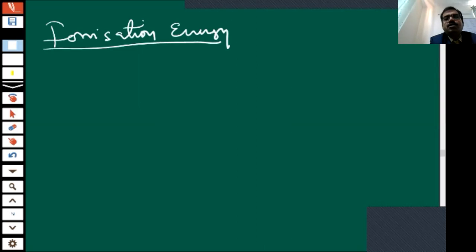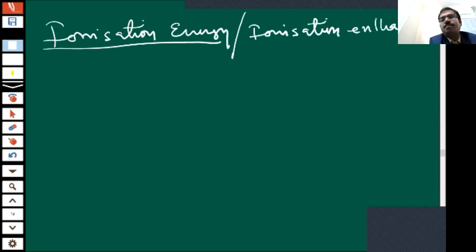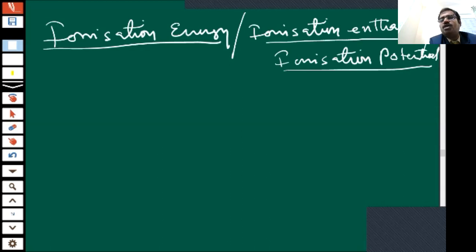Sometimes it is also known as ionization enthalpy, and sometimes also known as ionization potential. So you don't have to worry. There is a slight difference between everything, but 99% everything is same. So here, children, we have to discuss ionization energy.